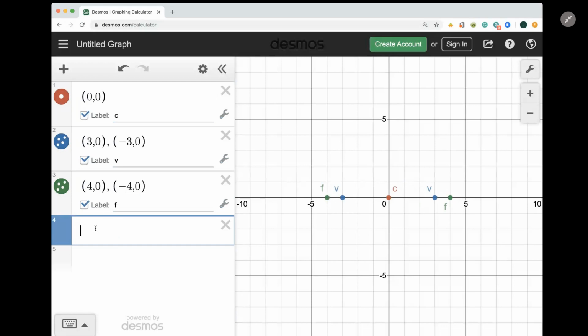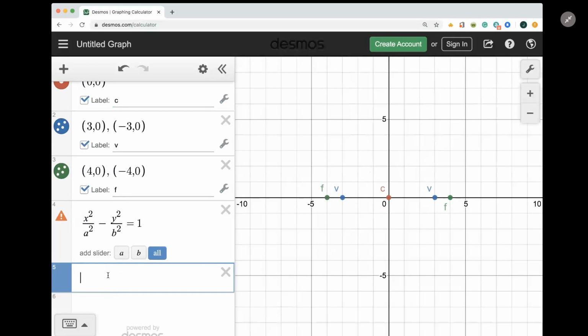The standard equation for a hyperbola with foci and vertices that fall along a horizontal line and is centered at the origin is x squared over a squared minus y squared over b squared equals 1. So we need to figure out what a and b are in order to find what this equation is.